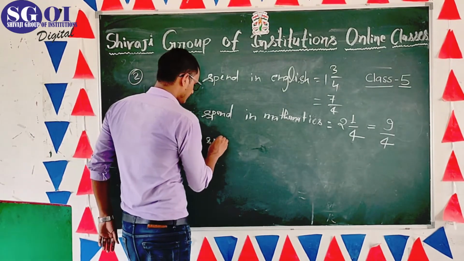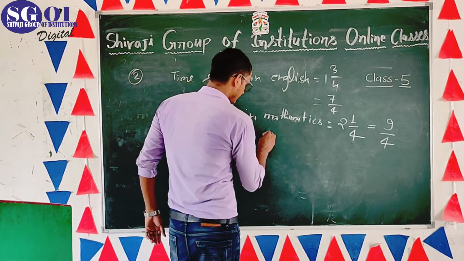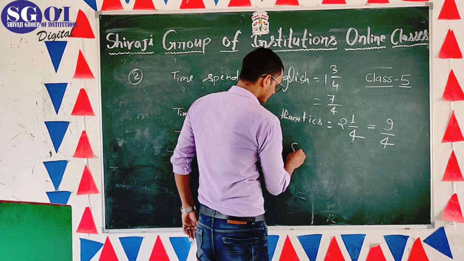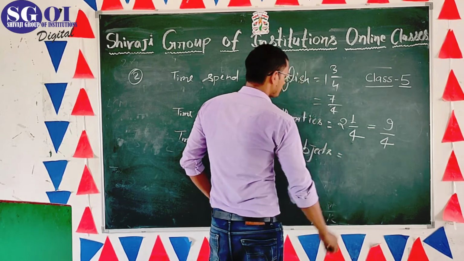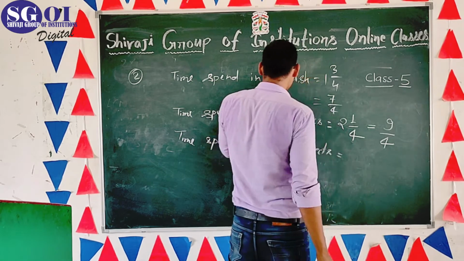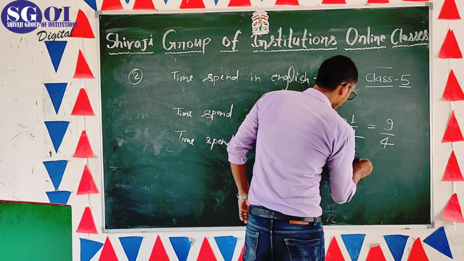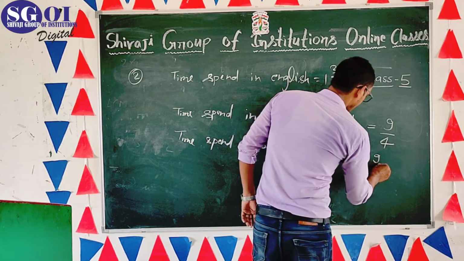Time spent in both subjects. So we add both the subjects, English plus mathematics: 7/4 plus 9/4.